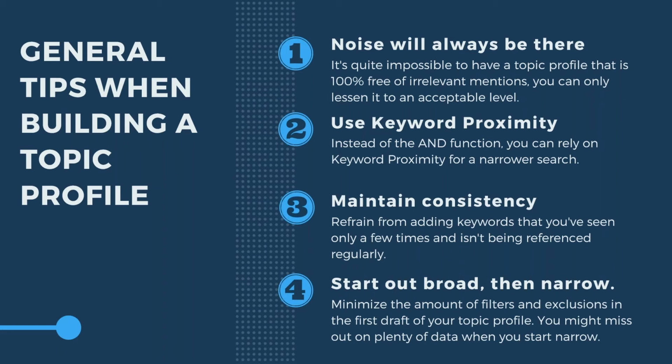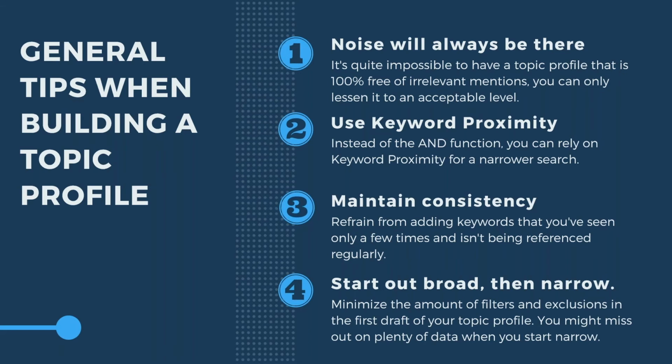The other thing is to use keyword proximity. The one thing that Salesforce monitors is the estimated monthly volume that your topic profile creates. Depending on your agreement with your Salesforce executive, or the contract they provided you with, you can only have a certain limit.